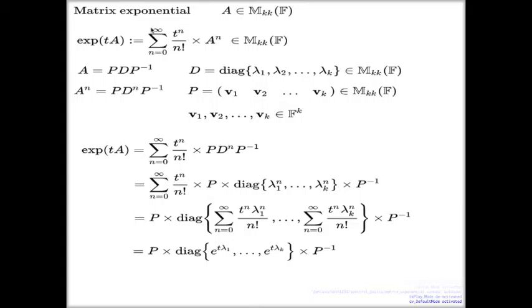I'll show you one example. I'll take this 2 by 2 matrix A from my very first slide, and I'll compute the exponential of that matrix in full on my next slide.